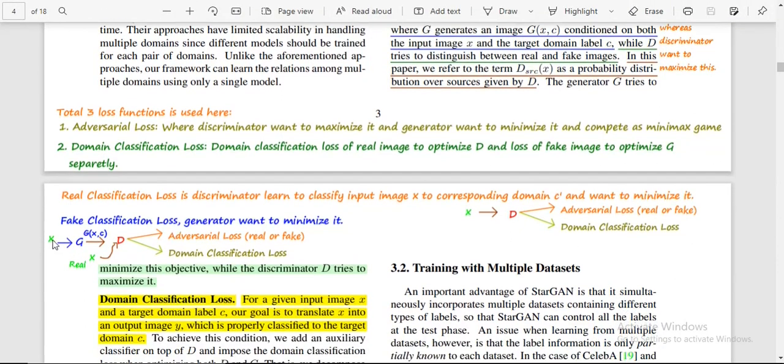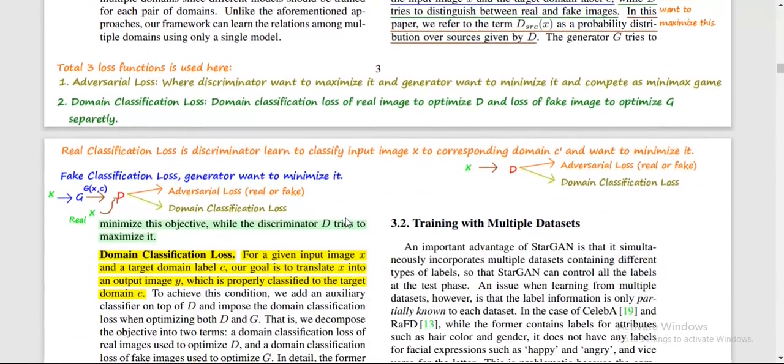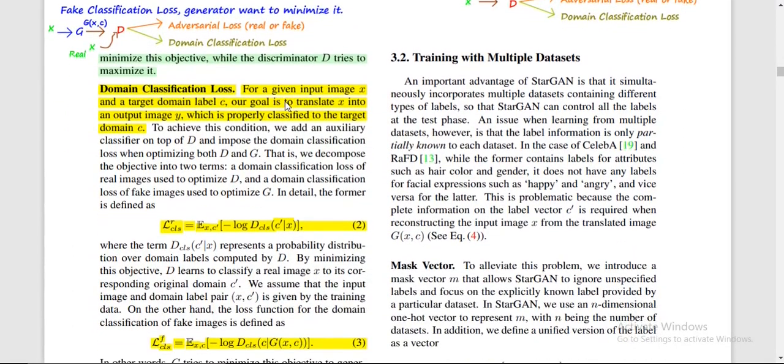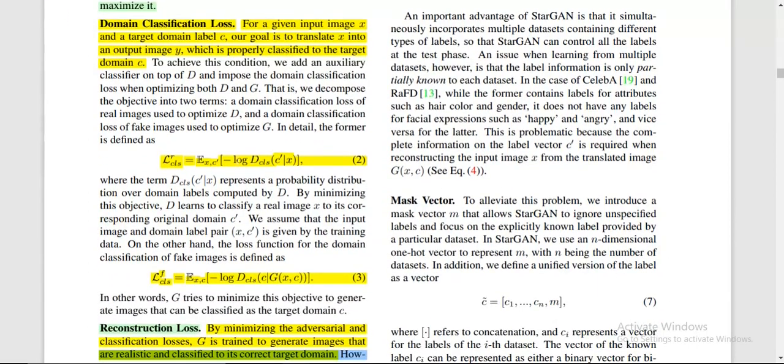For example, the input image, that is the real image, is given to the generator, which produces the image in the target domain, and it is passed to the discriminator, that is the fake image and the real image, and it produces this, right? That is the similar concept of the GAN. So I hope it is easy to understand, and that is what the domain classification loss for the real and the fake is, right?